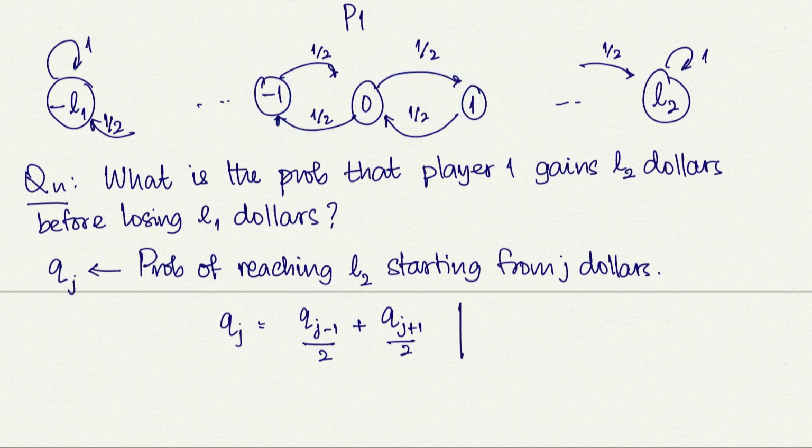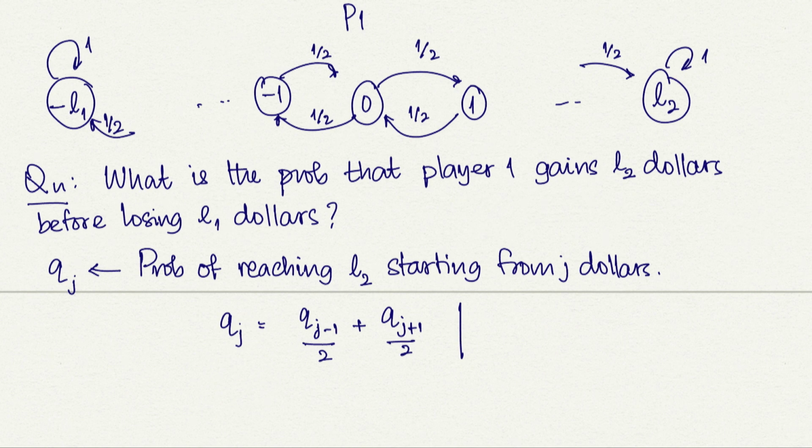Now the probability of winning from 0 can be written with conditional probabilities. Either I go through this or through this. The probability of winning from 0 equals the probability of winning from minus 1 times half, because this is a conditional probability, plus the probability of winning from 1 times half.